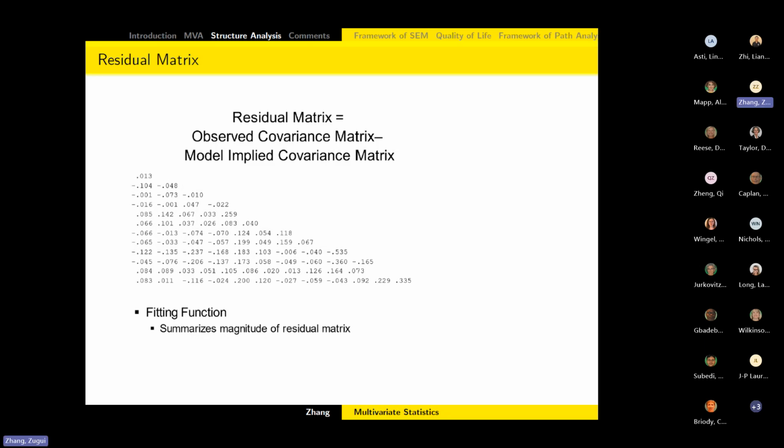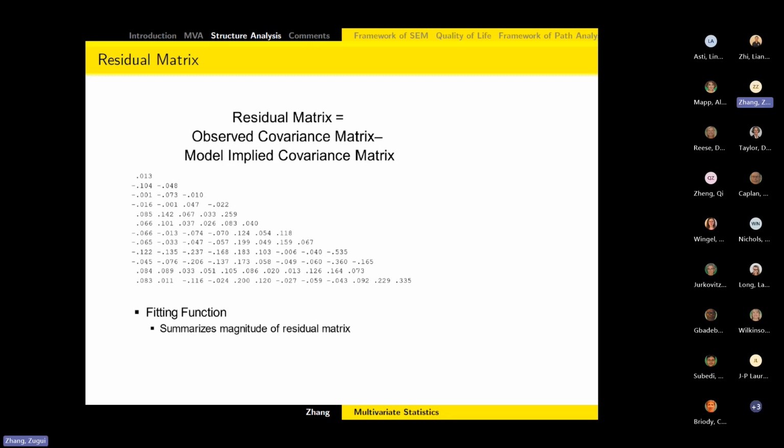After that, like in ordinary regression, we will get a residual matrix. This residual matrix is the observed covariance matrix minus the model implied covariance matrix. And then we can summarize the magnitude of the residual matrix. So this is the basic mechanism.